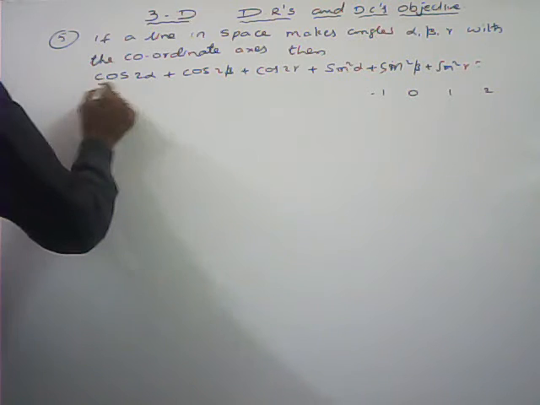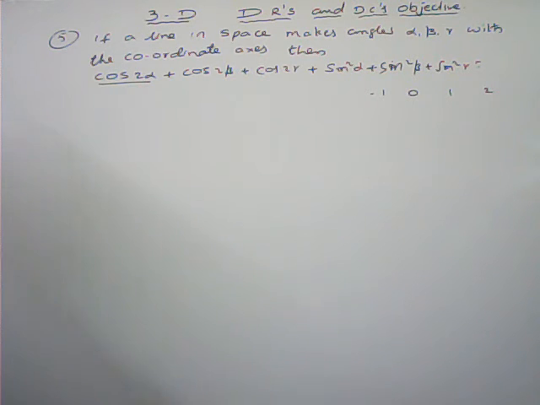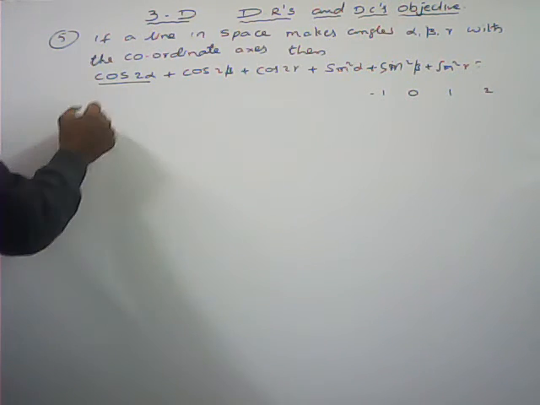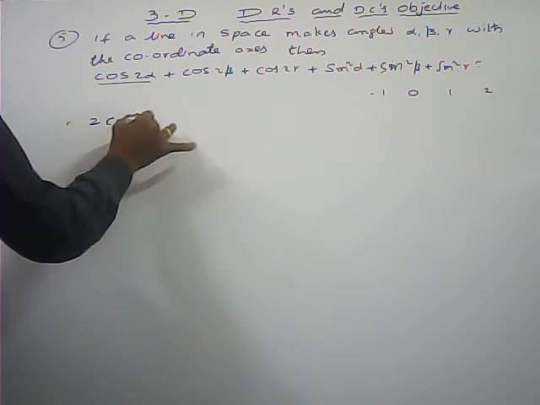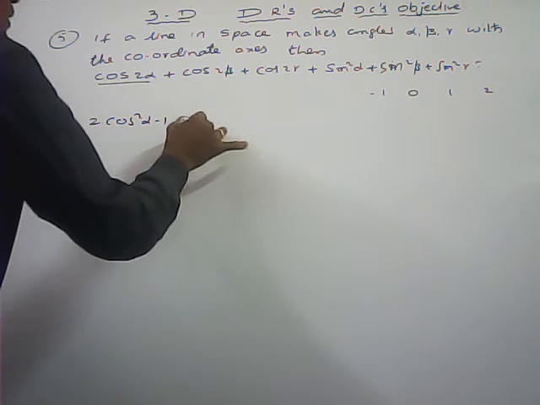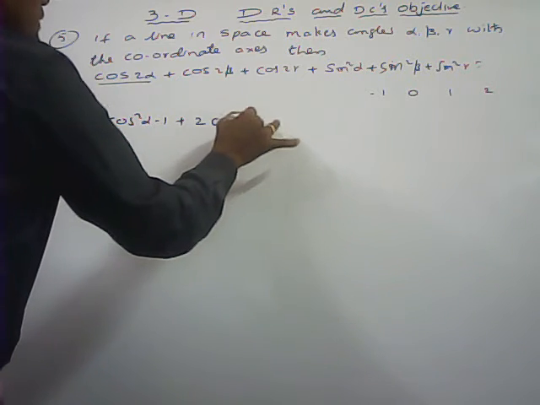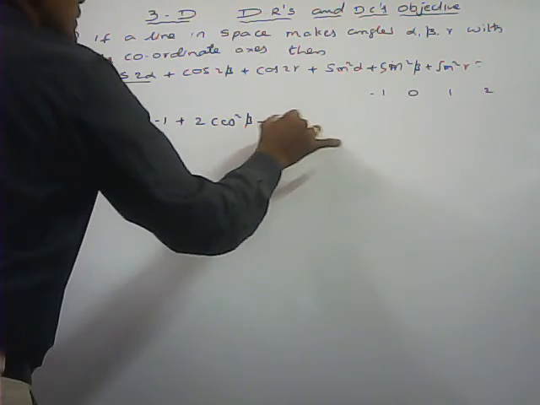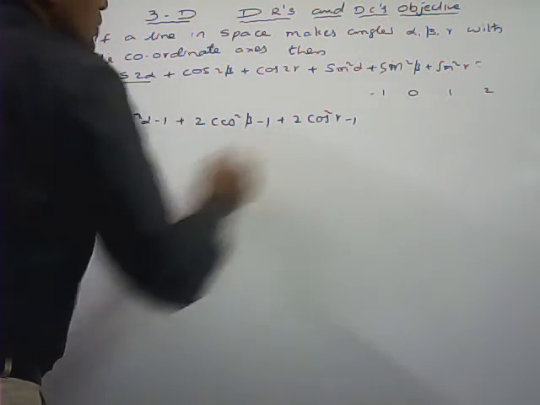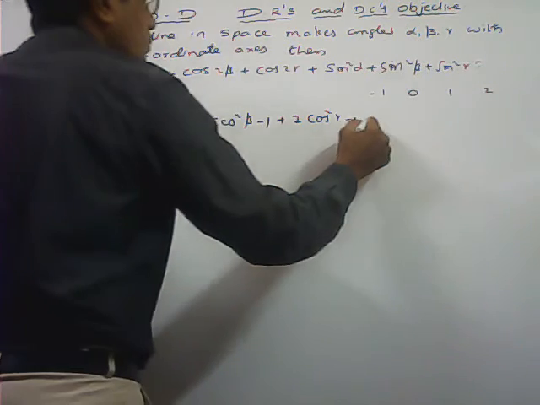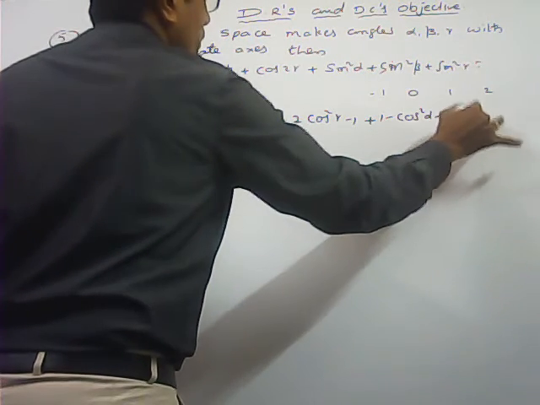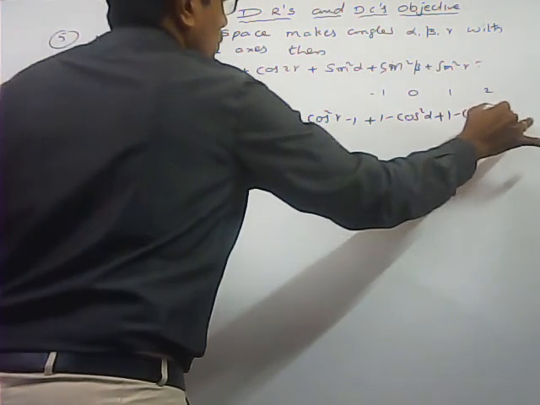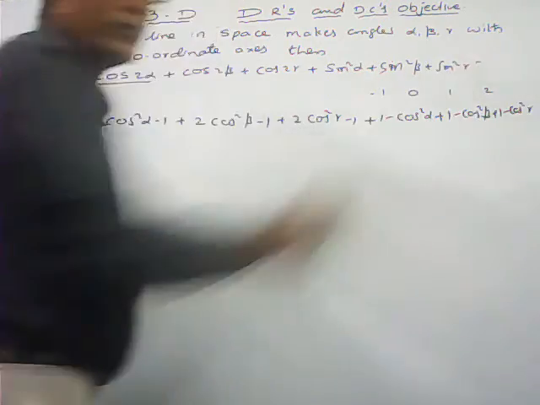For cos 2 alpha, actually a total of 4 formulas are there, but what is the relevant formula here? 2 cos square alpha minus 1. So 2 cos square alpha minus 1 plus 2 cos square beta minus 1 plus 2 cos square gamma minus 1. And sin square alpha we can write as 1 minus cos square alpha, plus 1 minus cos square beta plus 1 minus cos square gamma.